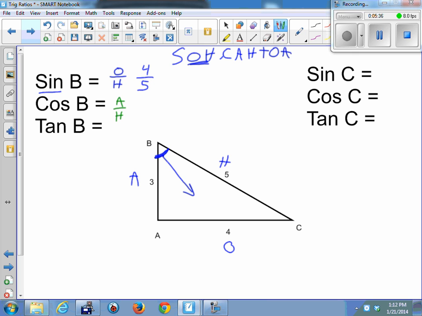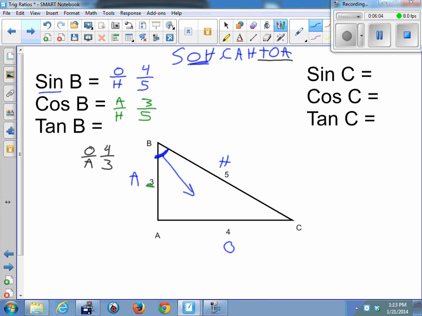My adjacent is here, 3, over my hypotenuse, which is 5. Tangent is the same thing. If you look at TOA, it is opposite over adjacent. Then we have 4 over 3 is my tangent of angle B. Okay? Now this is a little different depending on which angle we're using.